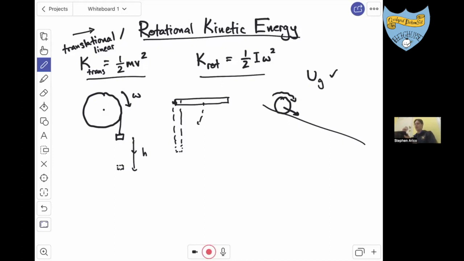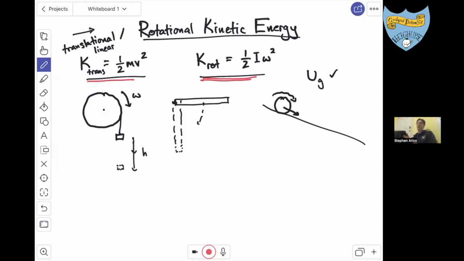Then after some amount of time, something has fallen some distance, and we will think about it as having either rotational kinetic energy or a mixture of translational and rotational kinetic energy, one or the other. I'm going to present the general scheme for how you approach each of these questions, and then I'll go into the specifics of doing the problem with the pulley.